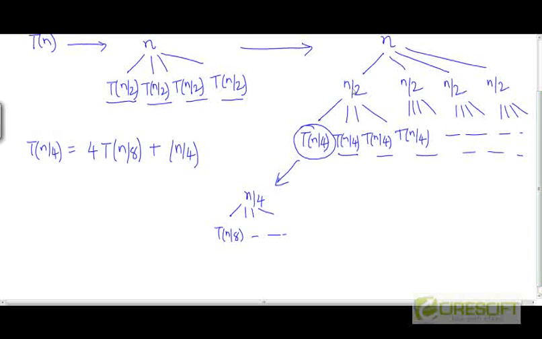So we're going to continue doing this, opening up the values of T to lower and lower levels for lower and lower size subproblems until we end up at the bottommost level of the recursion tree when the size of the subproblem reduces to 1.